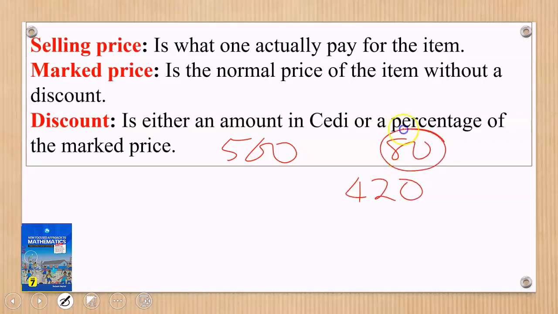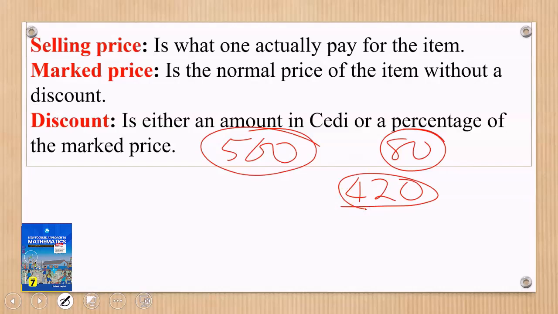Now, this figure that I'm giving to you as a reduction is called discount or discount amount. This is the original price, which we normally call the marked price or the catalog price, or a price that is exactly 100%. This is the selling price, the price at which you are buying from me after the discount.